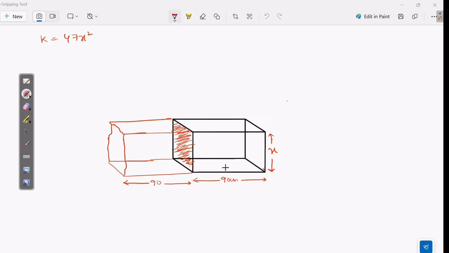Let's try to find the surface area of one prism by our regular formula. So this is x, this is x, 90, 90.